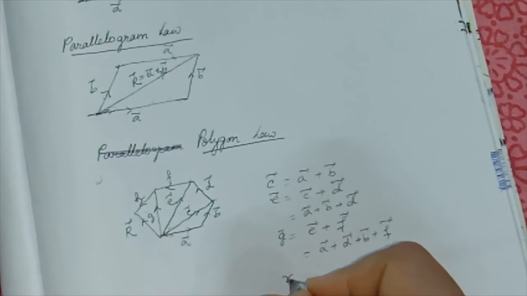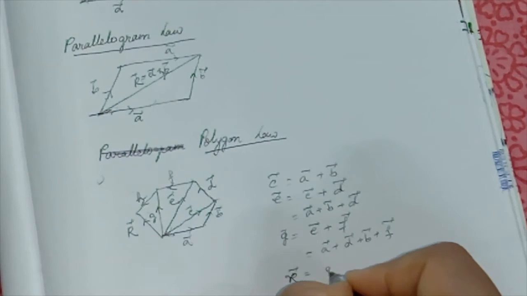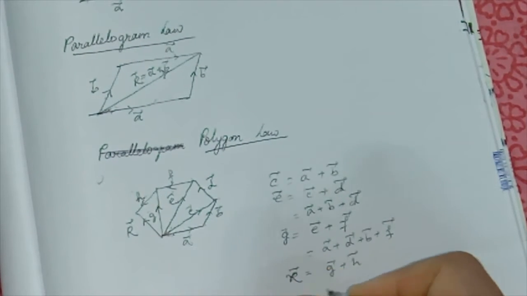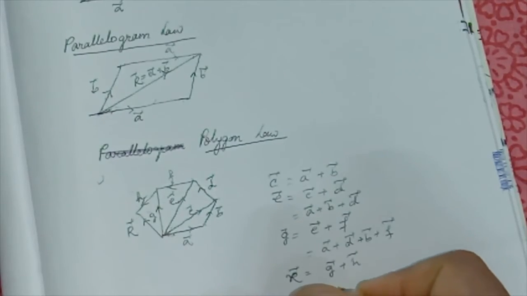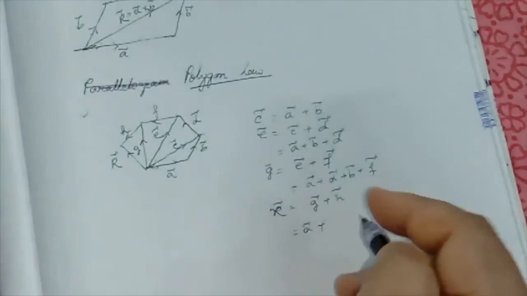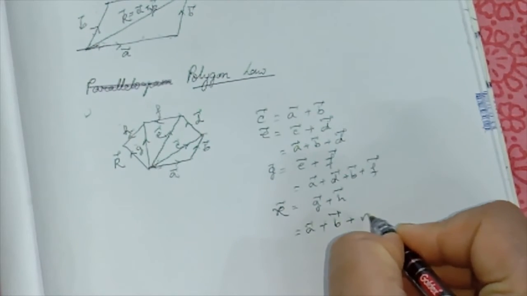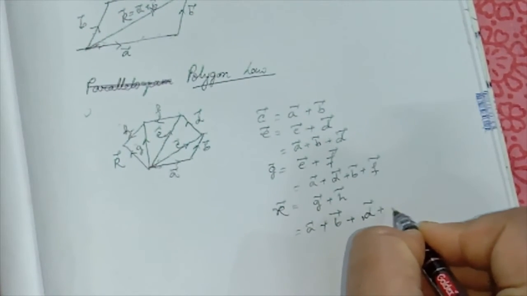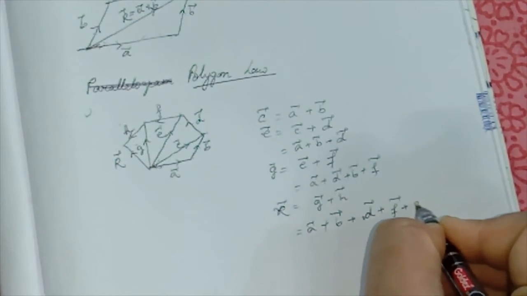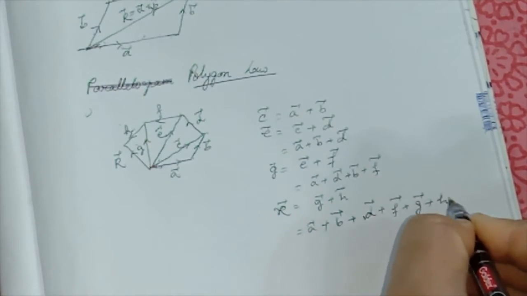Now the final resultant, R vector, equals G vector plus H vector, that is, A vector plus B vector plus D vector plus F vector plus H vector.